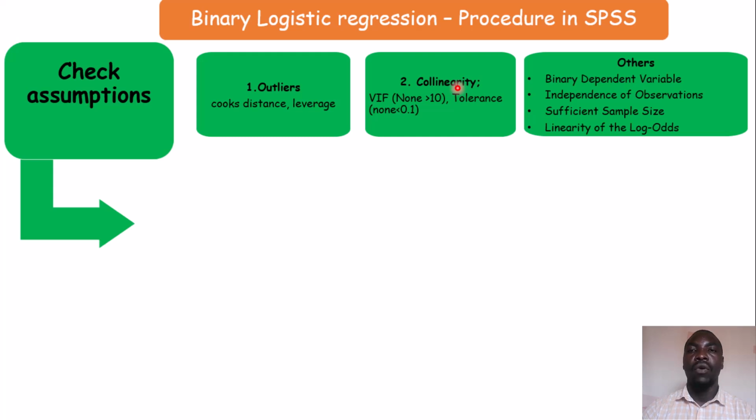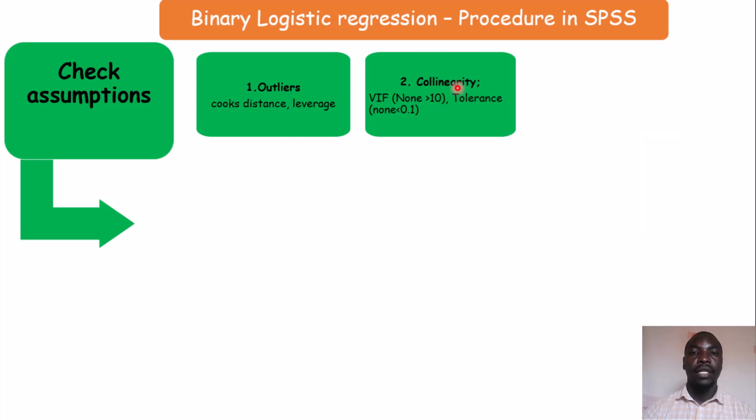This includes, you have to ensure that your outcome is binary in nature. You only have 2 groups of outcome. Independence of observations. Shouldn't be working with, say, paired data. You should have sufficient sample size, usually around 40 cases per variable you're going to analyze. And lastly, linearity of log odds.